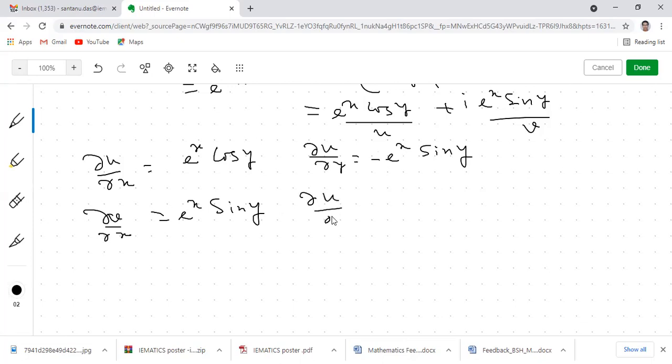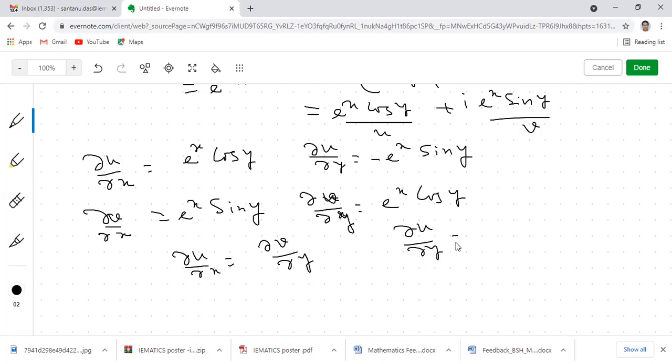Del v del y will be e to the power x cos y. So from the partial derivatives we are getting that del u del x equals del v del y and del u del y equals minus del v del x. So the first condition is valid.